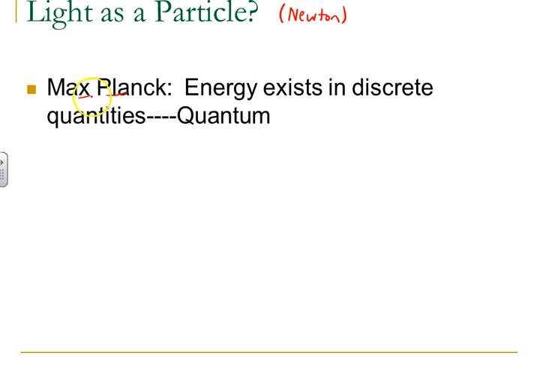This gentleman, Max Planck, a German, found that energy exists in discrete quantities, and he called those quantities quanta, or quantum. Quanta is plural.